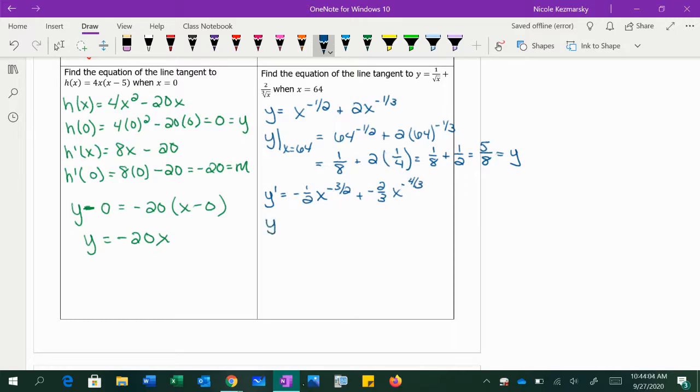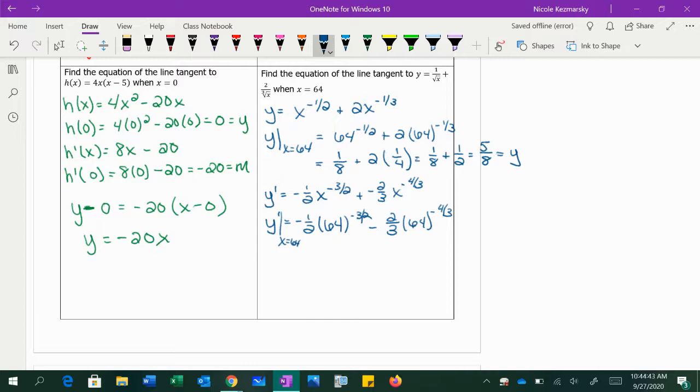So then we're going to say y prime equals negative 1/2, and we're going to plug in x equals 64. So we're going to do 64 to the negative 3/2 minus 2/3, 64 to the negative 4/3. Okay, that's our slope.